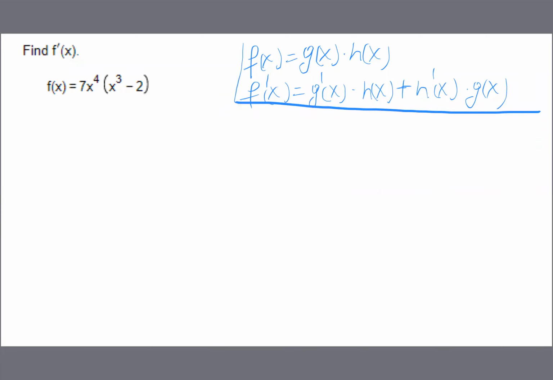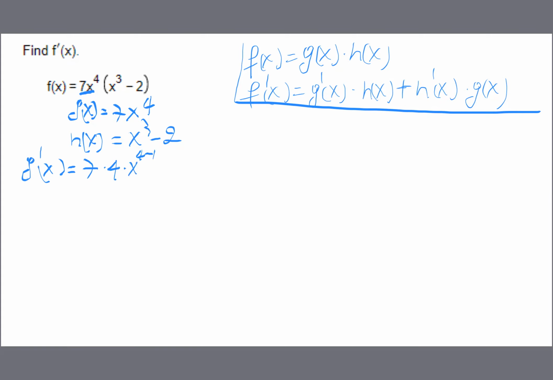In our case, g of x equals 7x to the 4th. Sorry about that, my pen fell off my hand. Okay, and h of x equals x to the 3rd minus 2. g prime of x equals 7 times 4 times x to the 4 minus 1. So it's 28x to the 3rd.